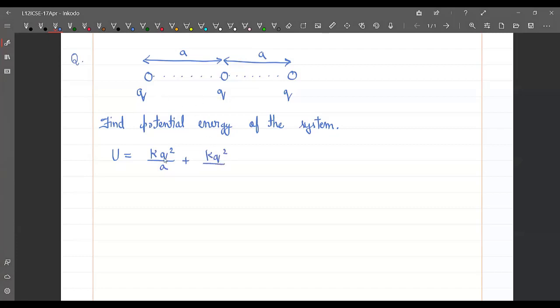For the first two pair, I can write kq squared by a. For these two pair, I can write kq squared by a. For this and this, I can write kq squared by 2a. That will give me 5 by 2 kq squared by a, where k is of course 1 by 4 pi epsilon naught.